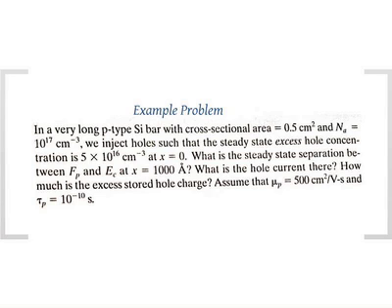So this is a little bit counterintuitive. Think about this a second. Remember, you start with the neutral semiconductor bar, right? You're injecting holes. You're injecting positive charges. Obviously, the charges are not going anywhere. It's getting more and more positive, right?